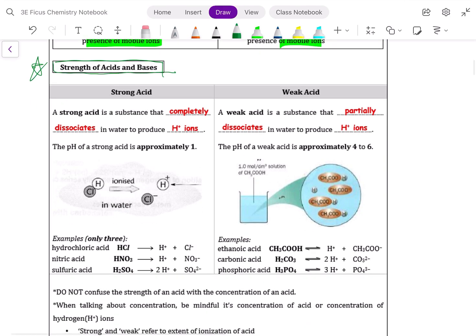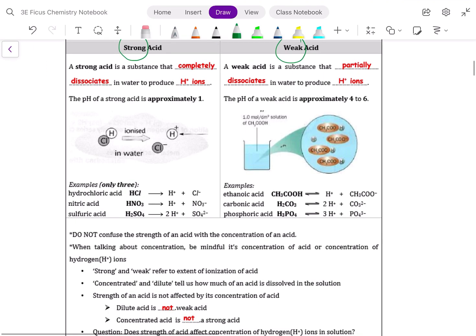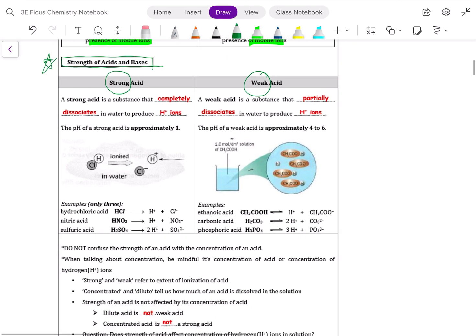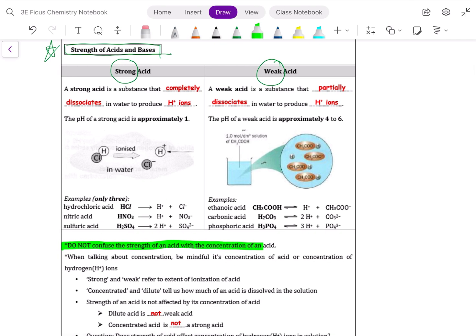So we'll talk about the strength. When it comes to strength, we say it's a strong acid or a weak acid. But strong and weak in this case has nothing to do with the concentration. One thing you should take note of is never to confuse the strength with the concentration of the acid.